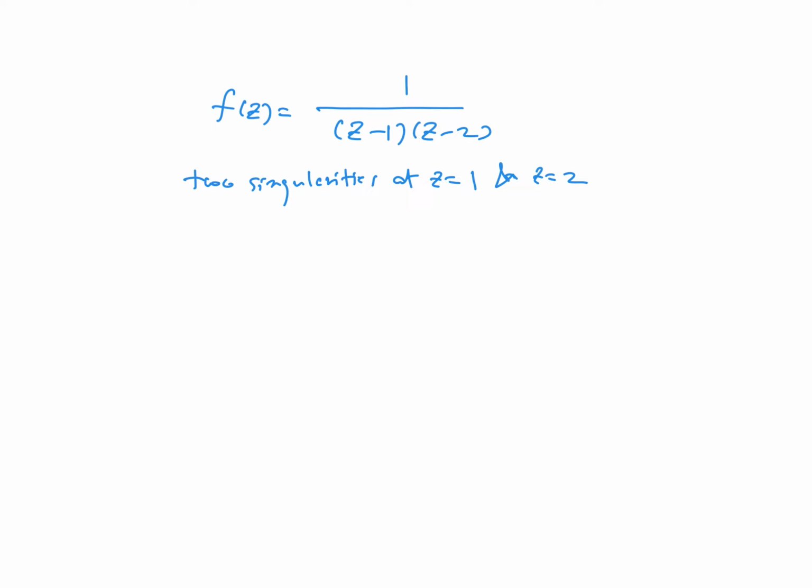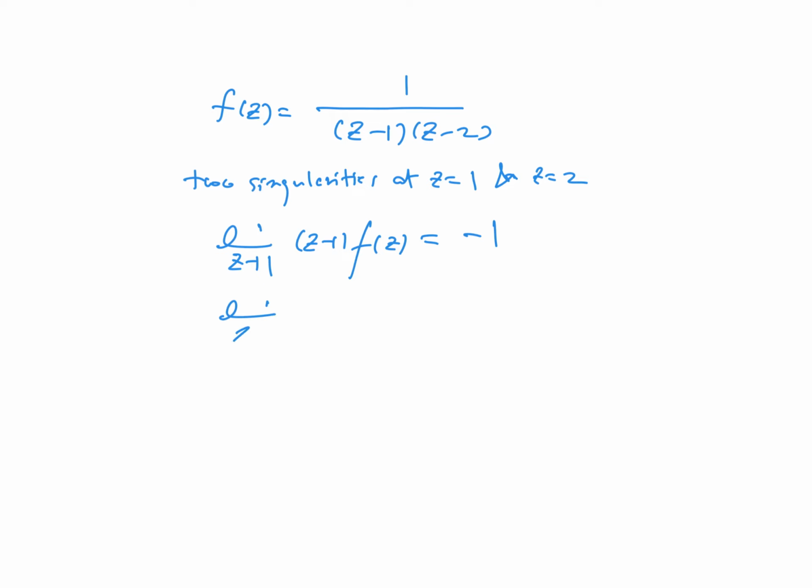So we can check whether this is a simple pole or a double or higher order pole. Multiplying by z minus 1, f(z) becomes minus 1, right?